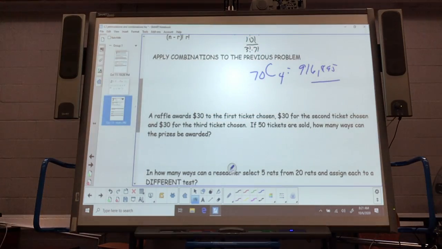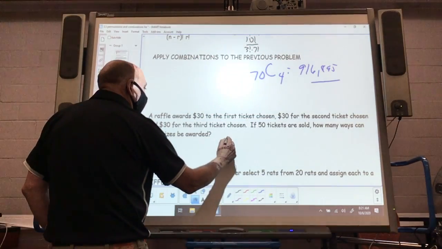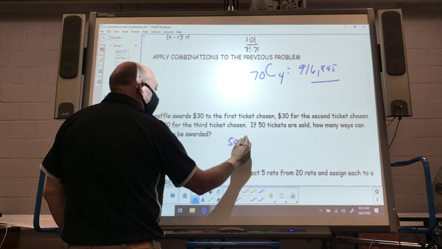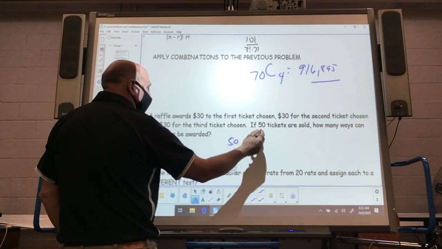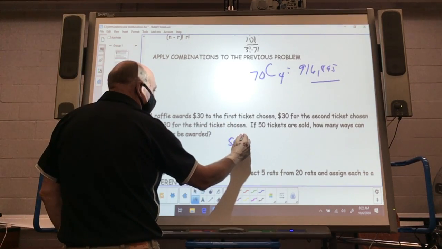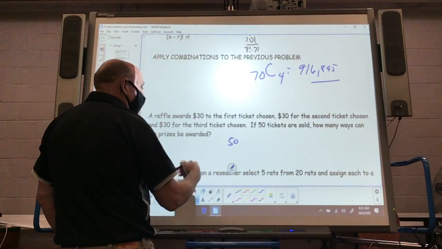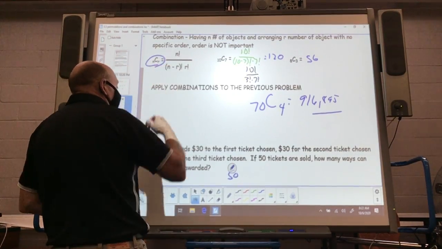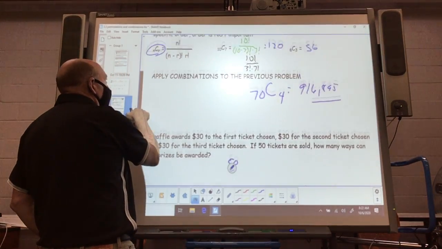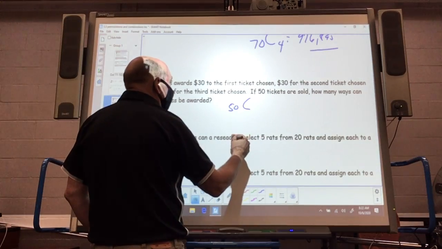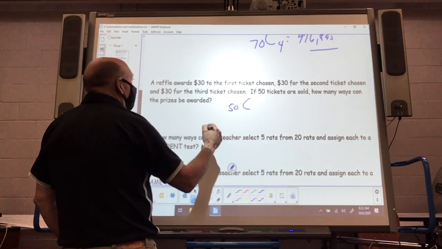So Jaden, how do you write this? Now 50, use your C. Not just how would you write it as a combination, but using this notation here. How many are we choosing?